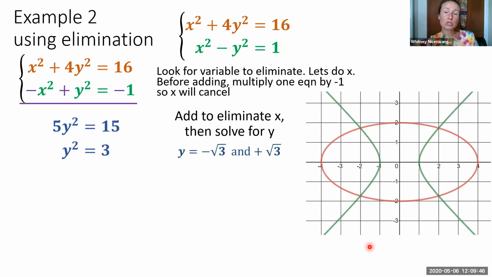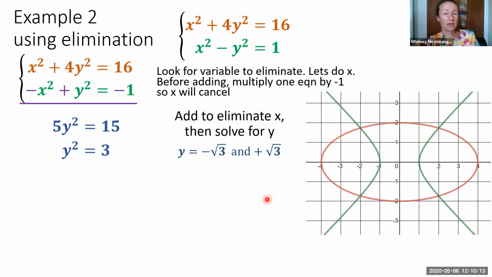So we can see from the graph that we actually intersect 4 times. So there's going to be 4 solutions to this system of equations. You can take your time and graph these first before you work towards solving them, or you can wait until after you solve them and graph them to see if your answers make sense.